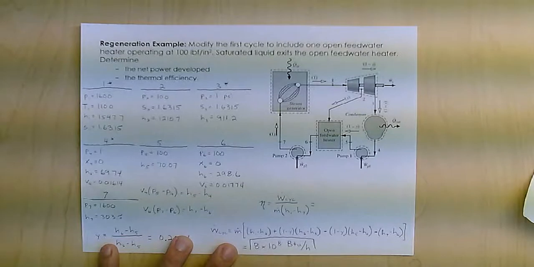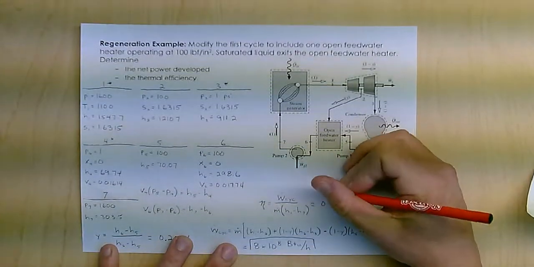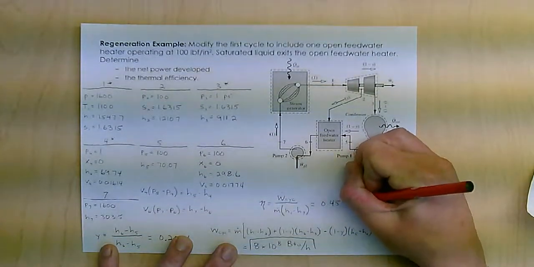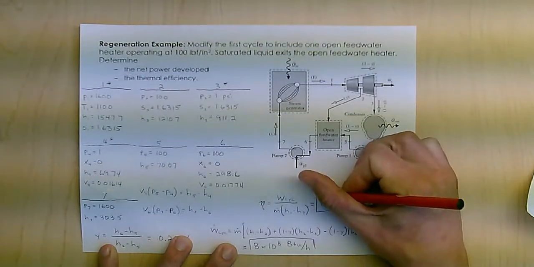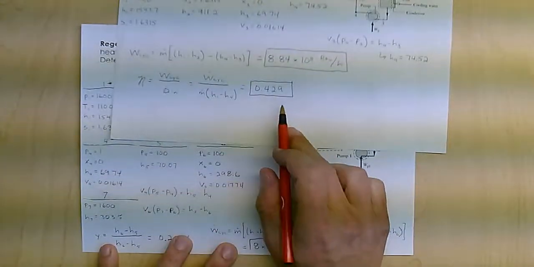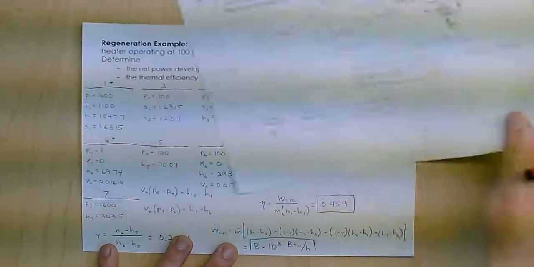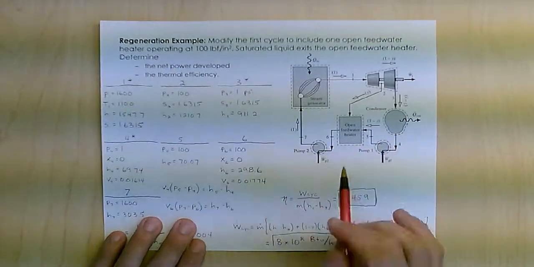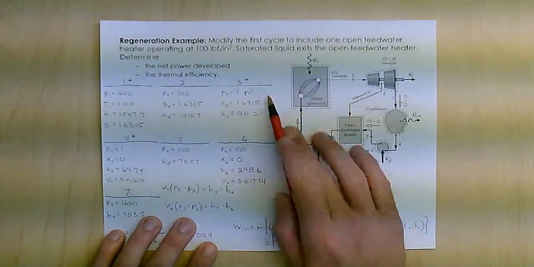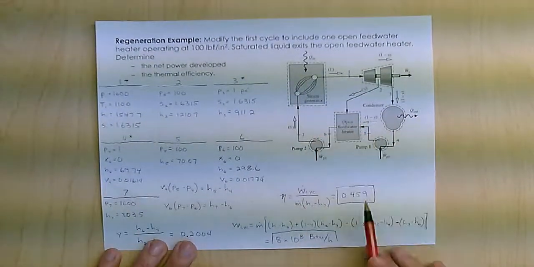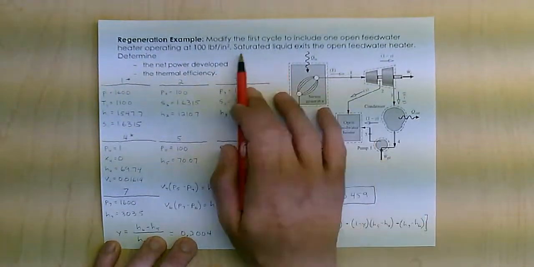And that gives me an efficiency of 45.9%. You can see compared to the previous one at 42.9%, I actually do have an increase in efficiency. So even though I don't get as much work out, the fact that my boiler's not working as hard actually improves the performance of the total system.